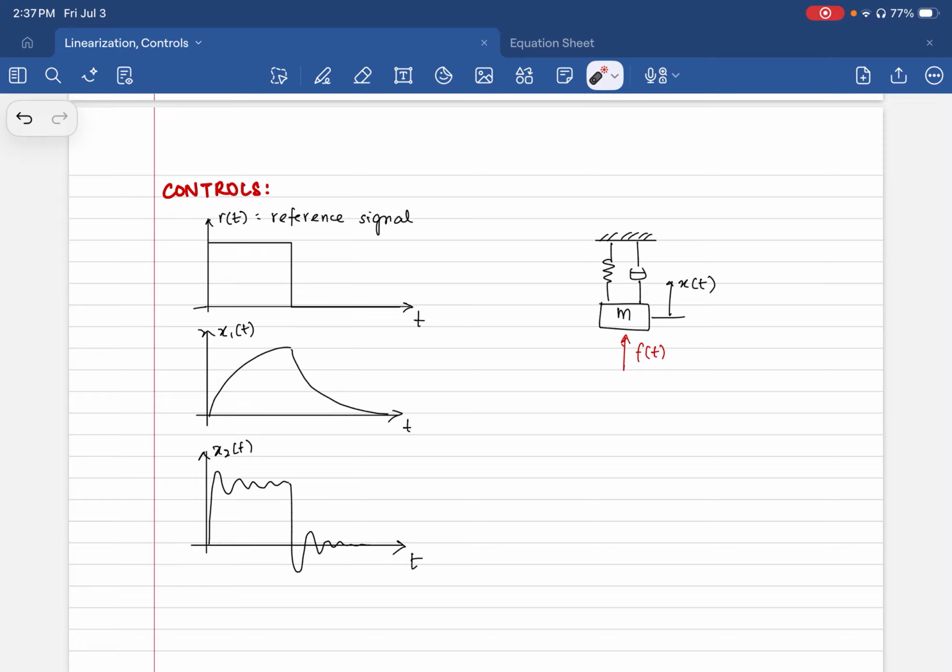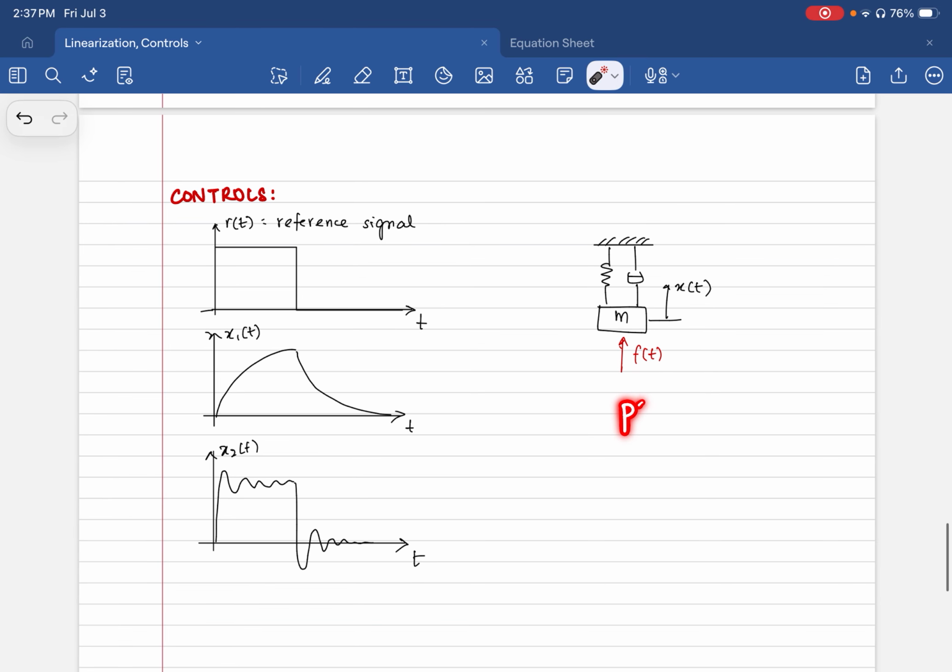So you see that oscillation there as well. So essentially what I'm trying to show here is that the dynamics of the system are dependent on the characteristic polynomial. In particular, it's dependent on the poles. So if the poles are such that the system is critically damped or overdamped, it'll be in this way. If it's underdamped, it'll be in this way.